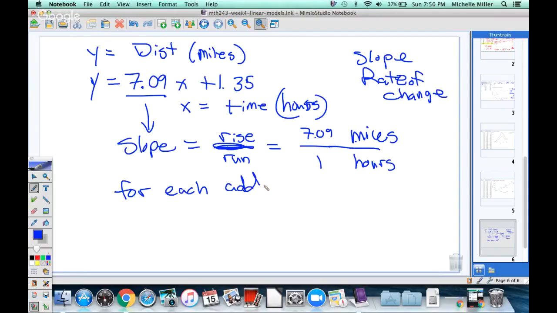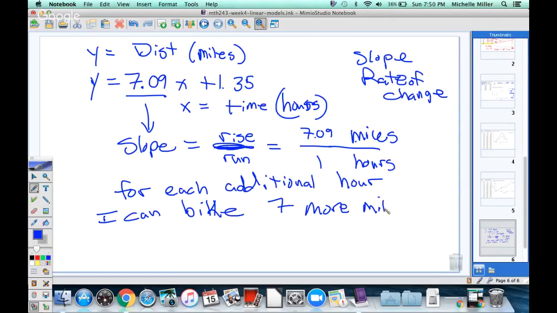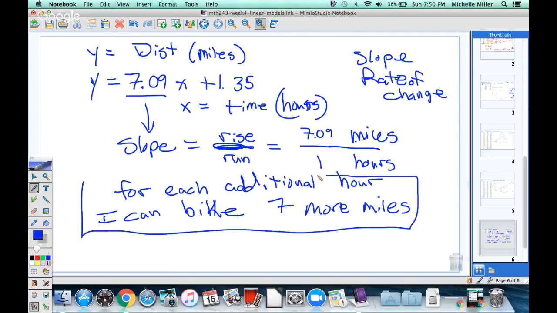So for each additional hour, that's my independent variable, I can bike 7 more miles. Okay, so that's my slope here. So the mountain biking I do lately involves a lot of hill climbing, so I'm a little bit slow. It's a lot of uphill stuff. All right, so that's slope. Y-intercept, on the other hand, that's this number right here.